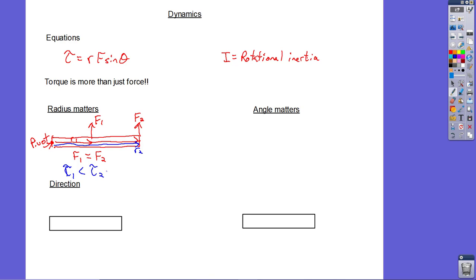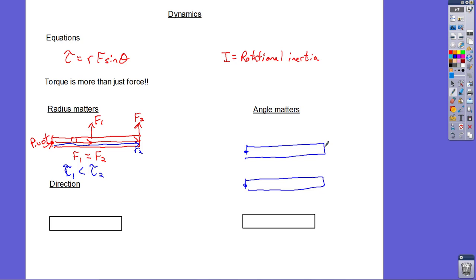Okay, the angle matters. So if we compare a force here, let me draw two different situations here. So again, we have our pivot point.